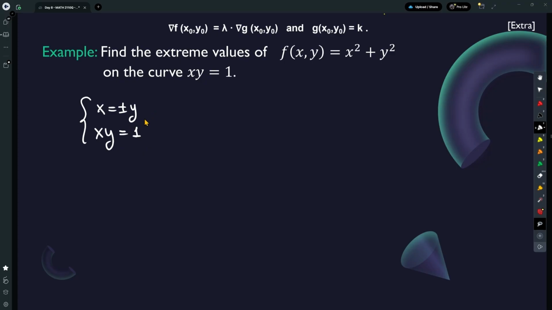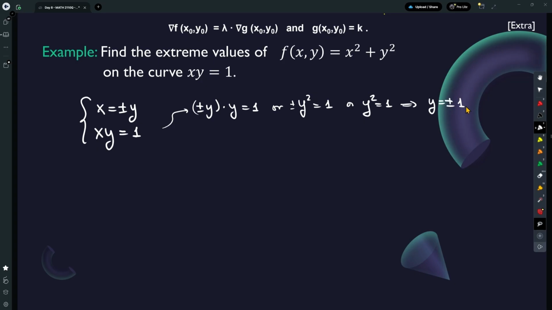So what are those points? If I plug in x in here, what I get is that plus or minus y times y is equal to 1, or that plus or minus y squared is equal to 1. Minus y squared is negative, so it has to be that y squared is equal to 1, which implies that y is plus or minus 1.